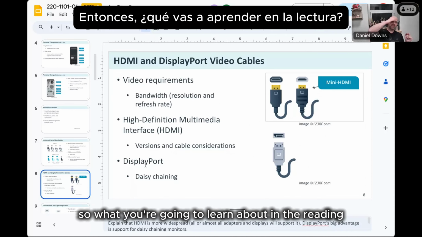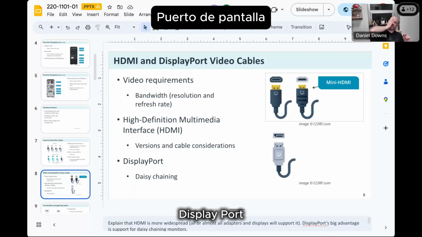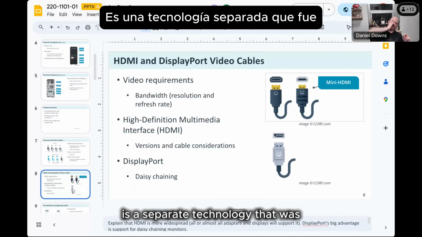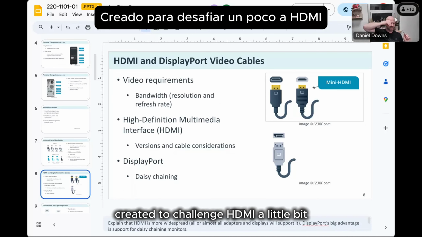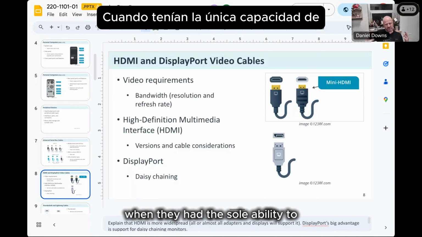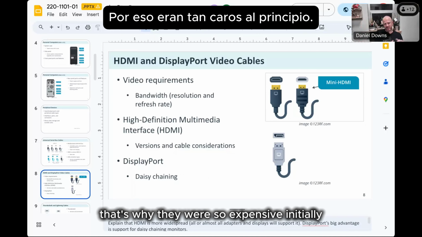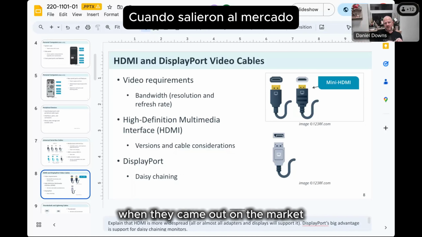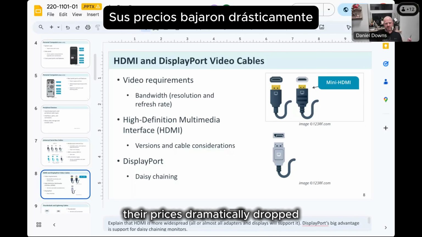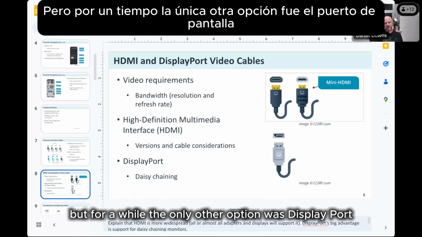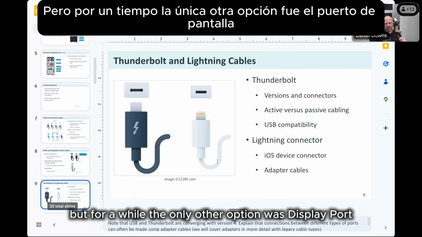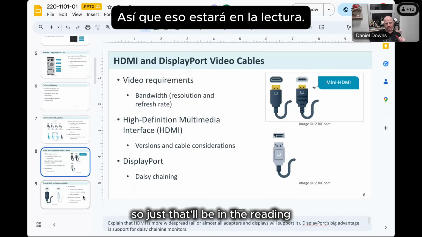So what you're going to learn about in the reading is that DisplayPort is a separate technology that was created to challenge HDMI a little bit when they had the sole ability to be putting out HDMI cables. That's why they were so expensive initially when they came out on the market. And then since then, of course, their prices dramatically dropped. But for a while, the only other option was DisplayPort. So just that'll be in the reading.